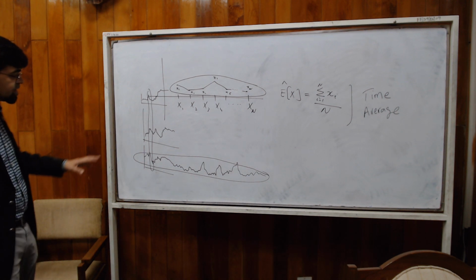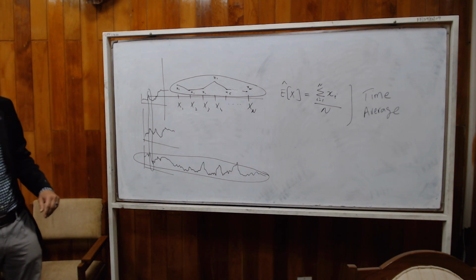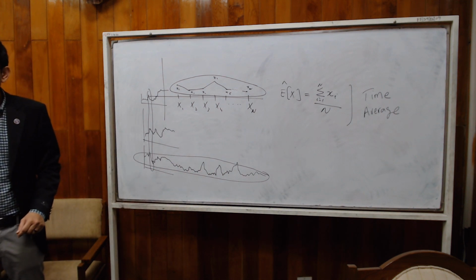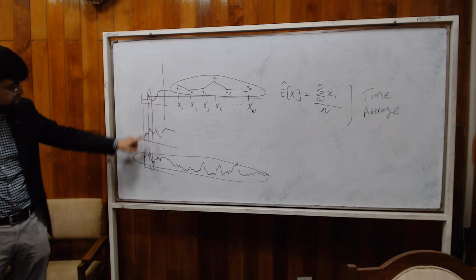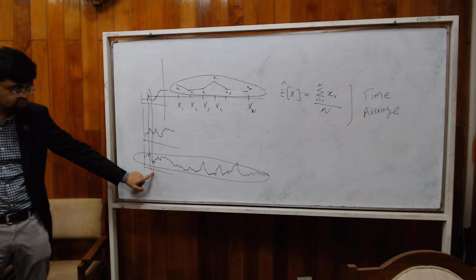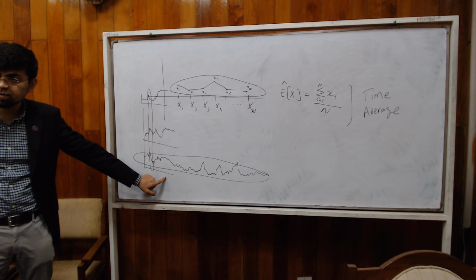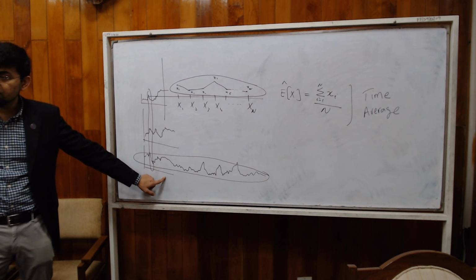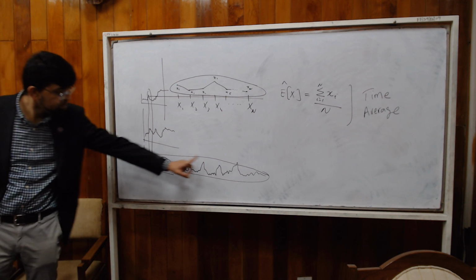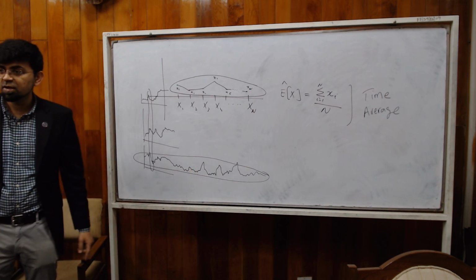Can you guess what is the condition for this time average idea to work? Now see, the ensemble averages are averages here, whatever values you will get. They are not required to be one value. But the time average is just one value.